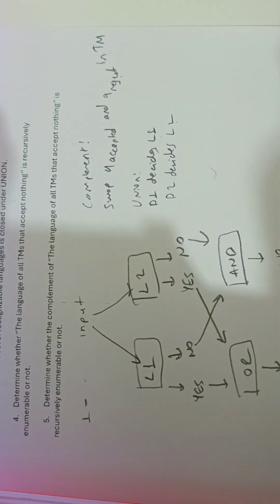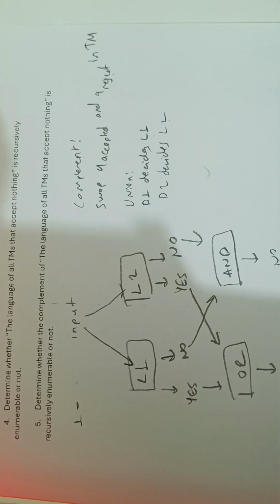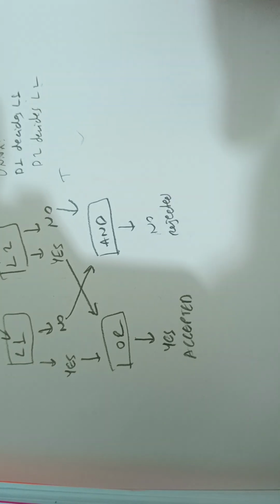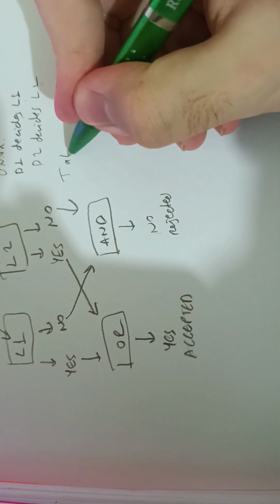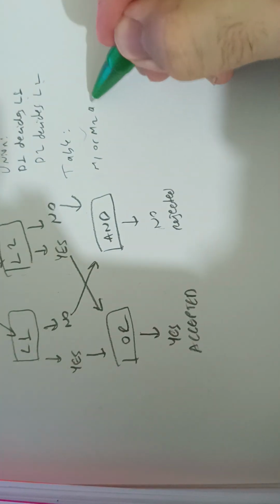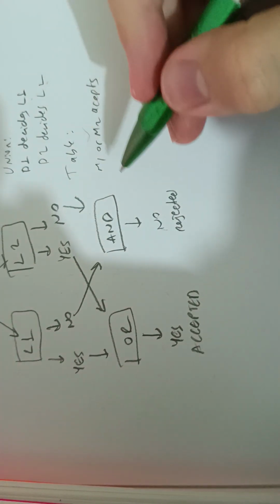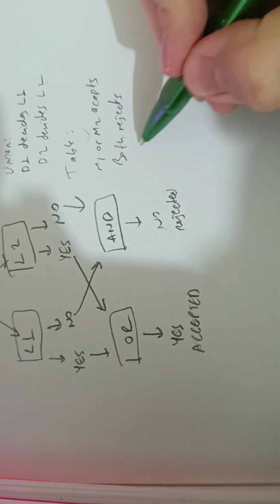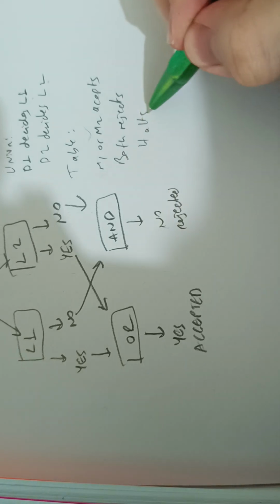And after that, I have to write this table: M1 or M2 accepts, and both reject and halt.